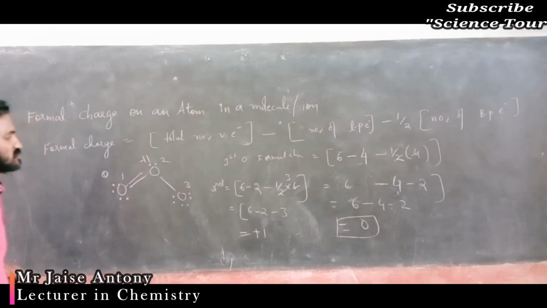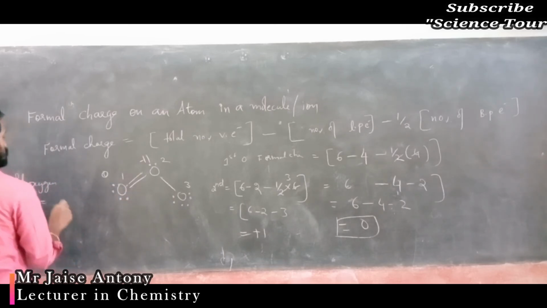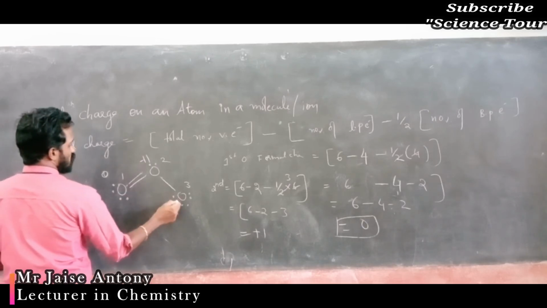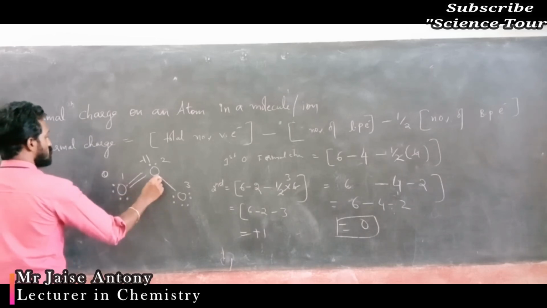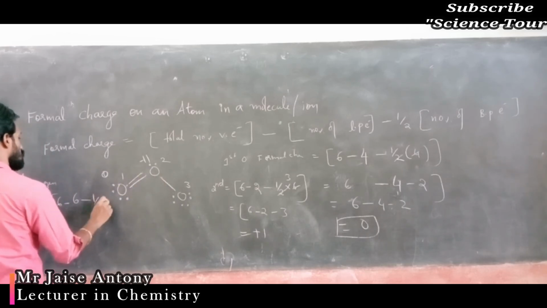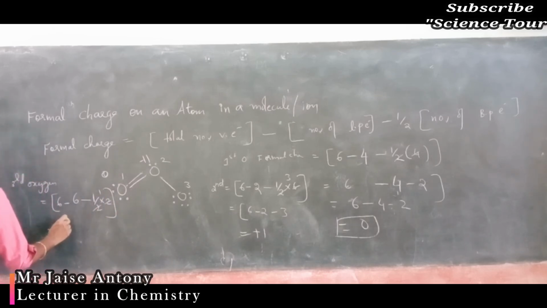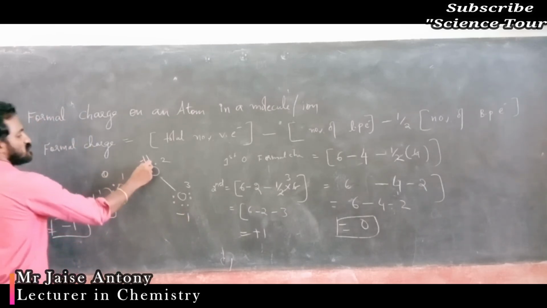And last, the third oxygen: valency electrons of oxygen 6 minus lone pair electrons 6, minus 1 for bond pair. This is minus 1. So this is 0, plus 1, minus 1.